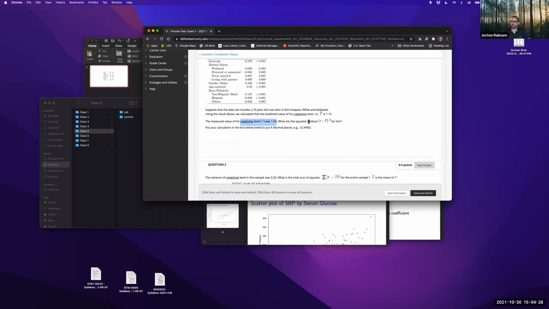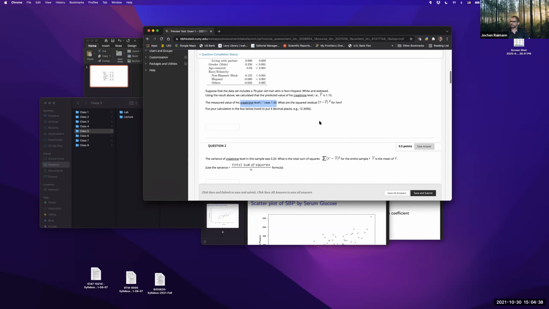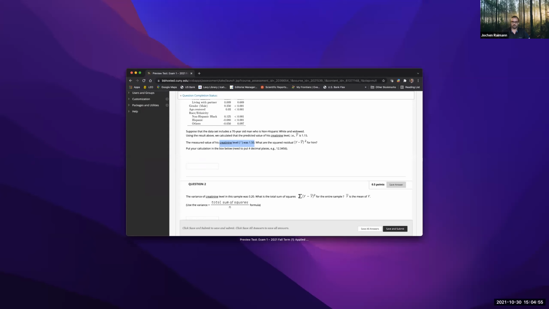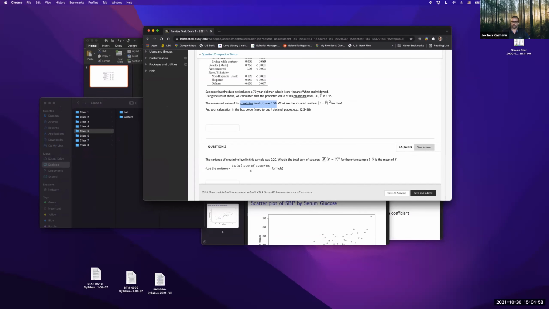So the squared residual essentially is here. We do have the deviation, which is 0.35. So it's 1.50 minus 1.15, that's 0.35. And squaring this is essentially 0.12, oops, no. 0.1225. Let me open R, let me have something to calculate stuff with.